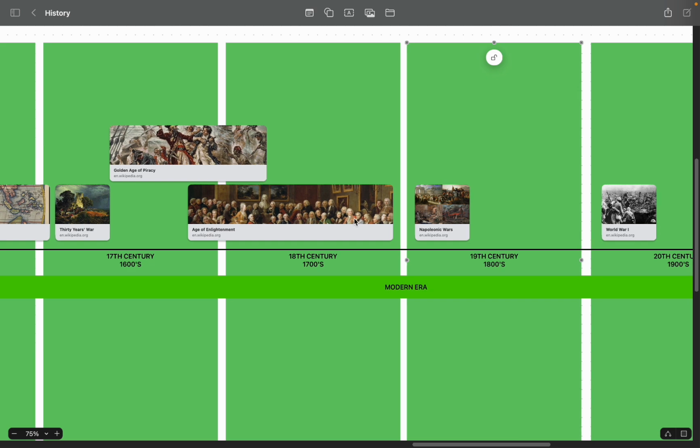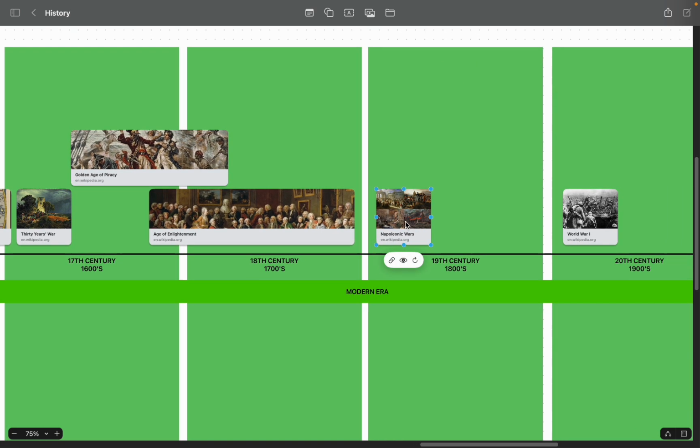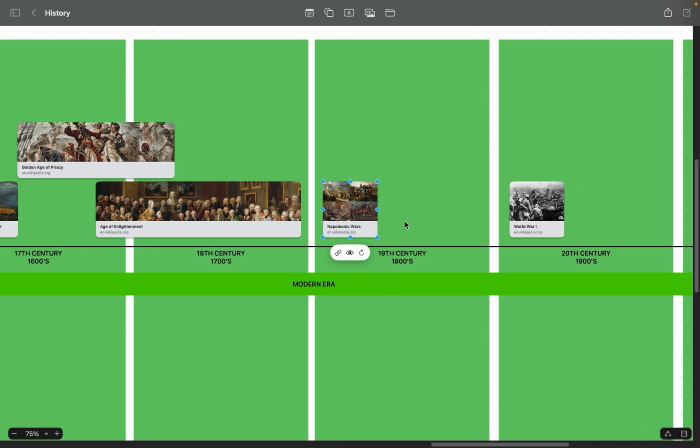So yeah, 1700s. 1800s, in the beginning, we have the Napoleonic Wars, a huge event because basically France has this dictator king, Napoleon Bonaparte, who is literally just conquering Europe. And then there are all these wars of coalition against him.